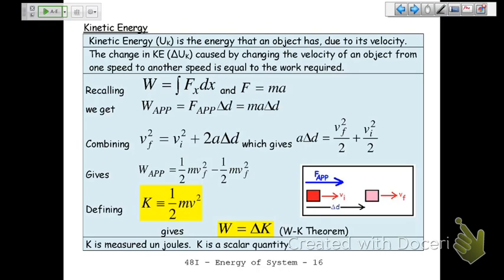So this first thing is a derivation, and there's 3 derivations, and it's good to see derivations, although you're not responsible for the derivation. What you're responsible for is knowing the equation at the end. But it's kind of interesting to see how physics and engineering progress. And so what we're imagining is a physical situation where we have a block and we have a certain applied force, the blue applied force there.